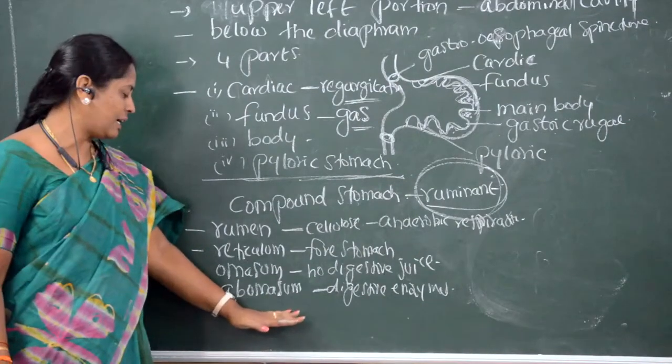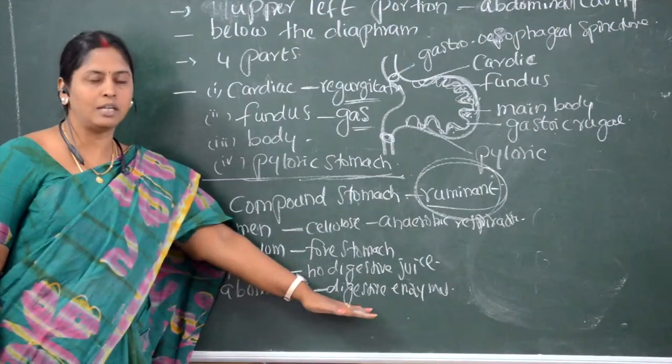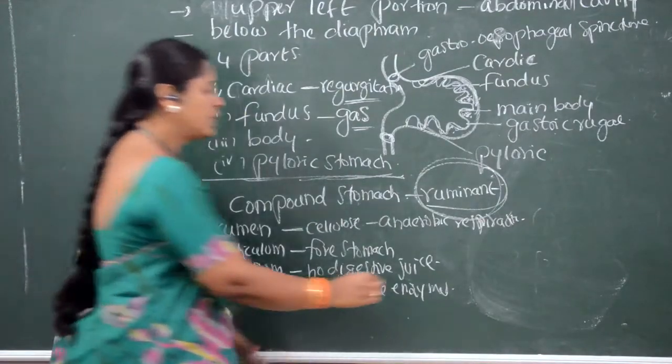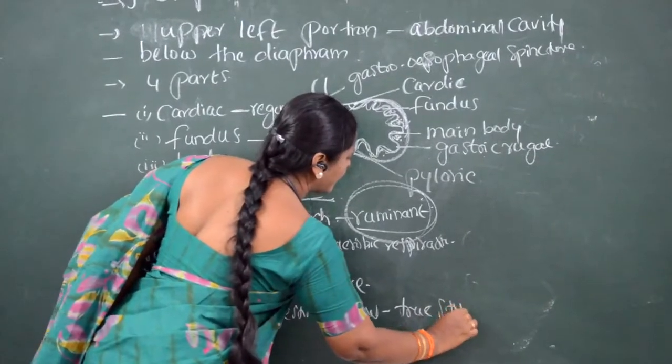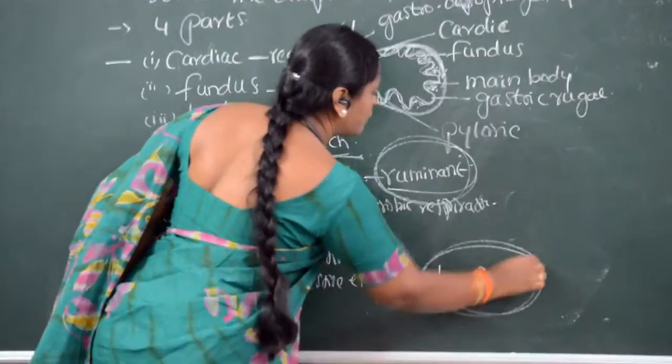Complete digestion occurs in the abomasum with the help of digestive enzymes. So the abomasum we call the true stomach. Which part is known as the true stomach in ruminant organisms? The abomasum.